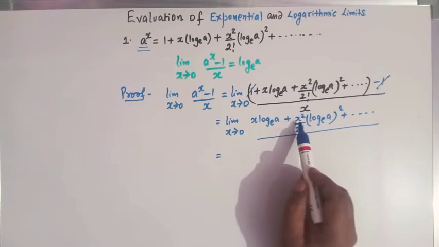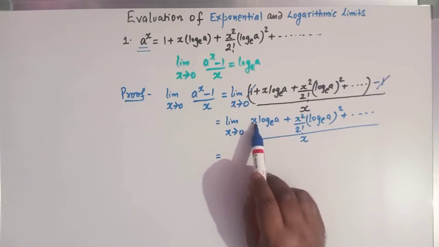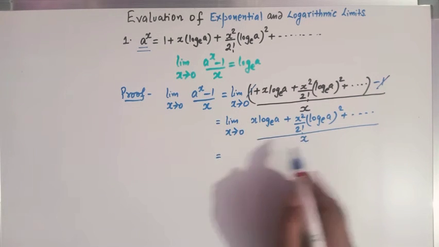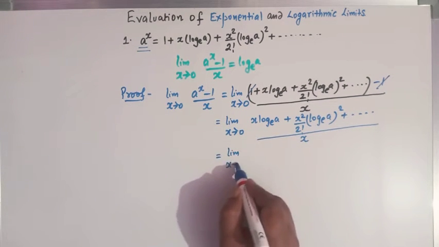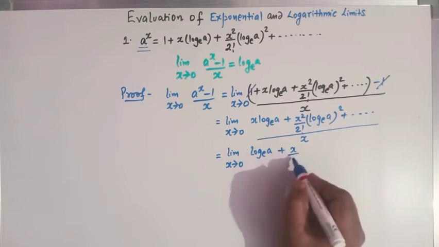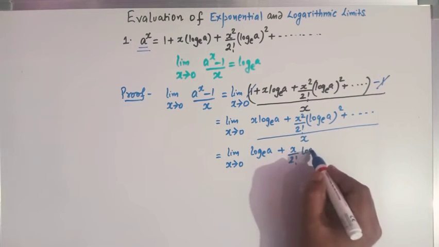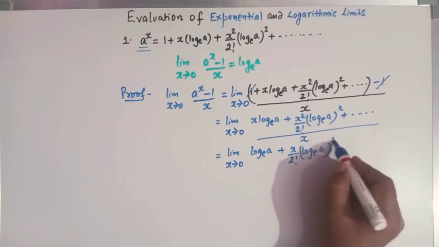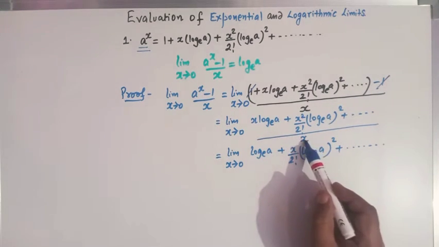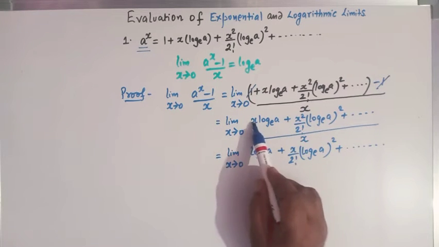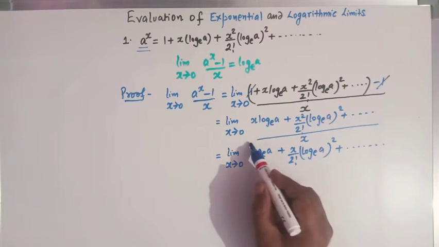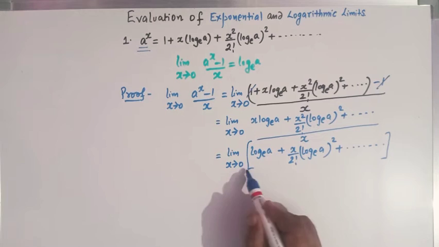Now in the numerator we have x as a common factor, so this x and this x get cancelled, so we have limit x tends to 0 of log ea plus x by 2 factorial log ea square plus so on, right? So here this x gets cancelled with the x, which is a common factor in the numerator. So now we are left with this infinite series.